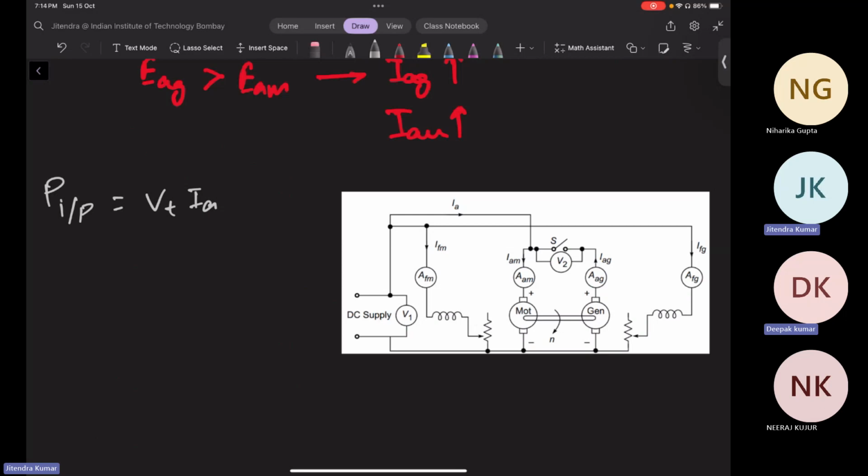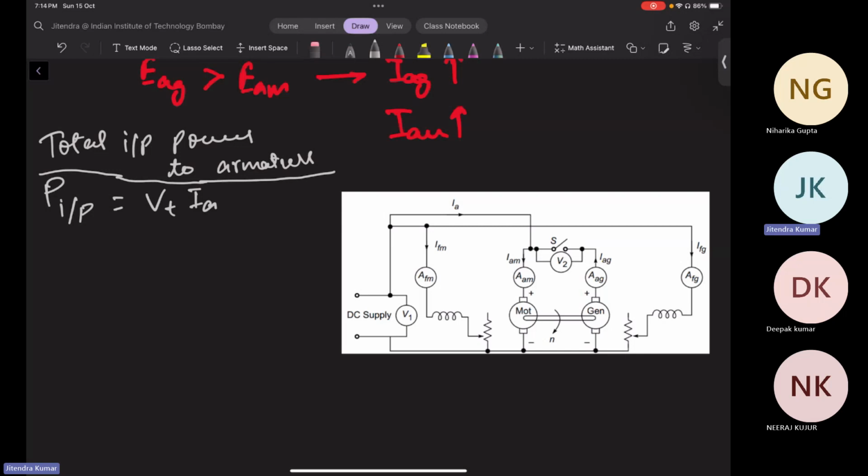Total IL. Okay, yeah, that will be from here. I am saying to the armature. Let me rephrase it: total power input to the armature. We are assuming that this field power will be constant, so we are focusing on the armature.